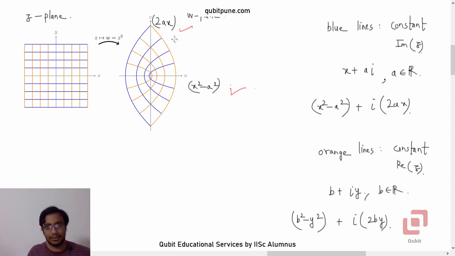So 2by sits here and b squared minus y squared is to be considered on the u axis. Again, if you find a relation between u and v here, you'll get curves. Depending on the squares that you have here, you may think of their distorted versions on the w plane, and this is how usually the graphs are plotted.